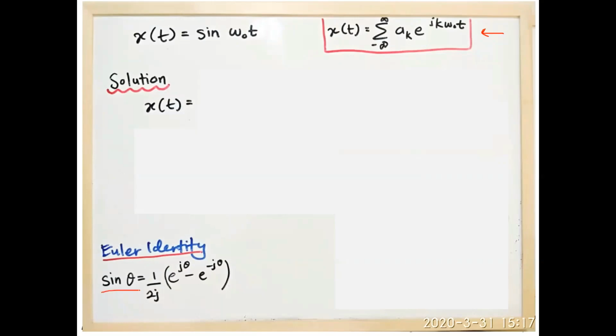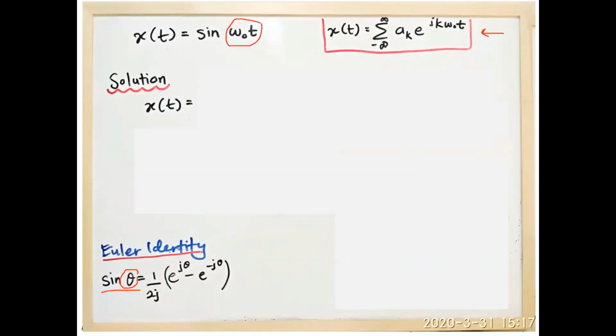you can use this: sin theta is equivalent to 1 over 2j times (e^(j theta) minus e^(-j theta)). If you see this equation, theta here is actually omega t.